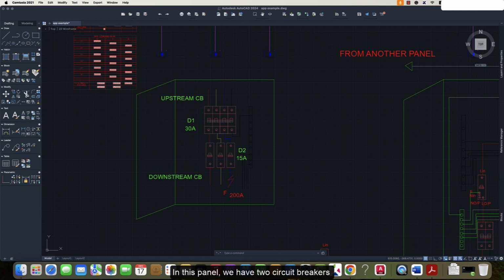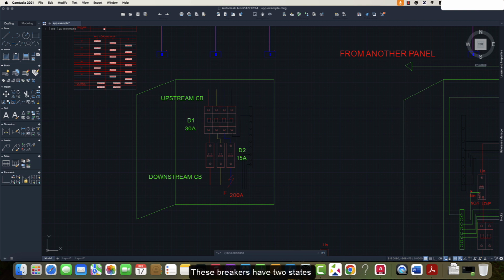In this panel, we have two circuit breakers called D1 and D2. These are protective devices installed in the electrical network. Each circuit breaker is responsible for interrupting the current flow under certain conditions, particularly during faults.